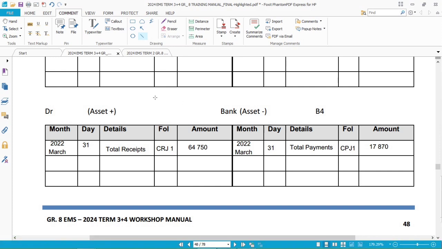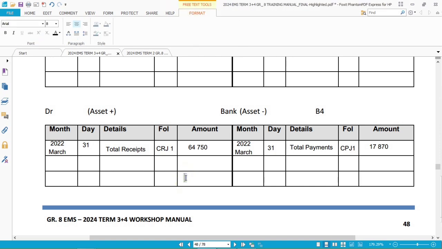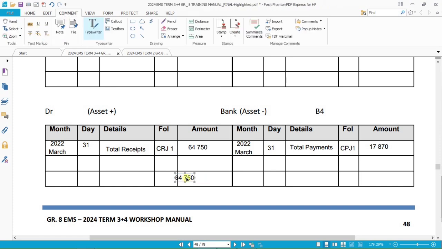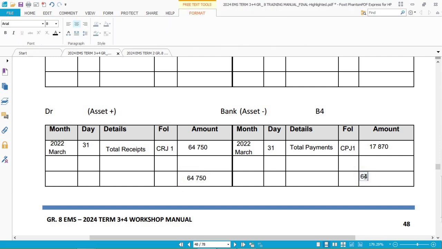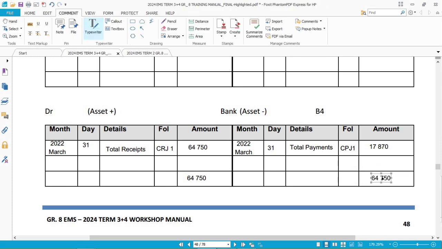The next information I want to fit in is not going to fit because my columns and rows are short, but it's fine, I'll make a plan. 64,750. So you write it on both sides because you're balancing the account now, right?